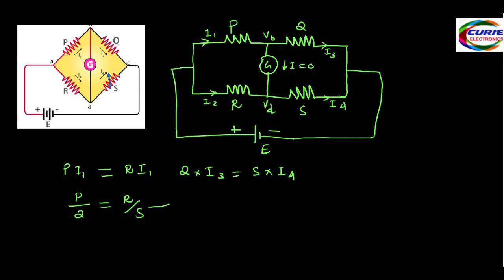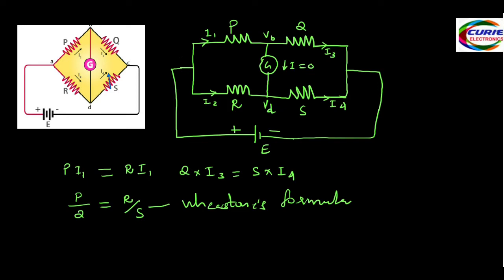This is the Wheatstone's formula. Using this equation, you can find the value of unknown resistors.